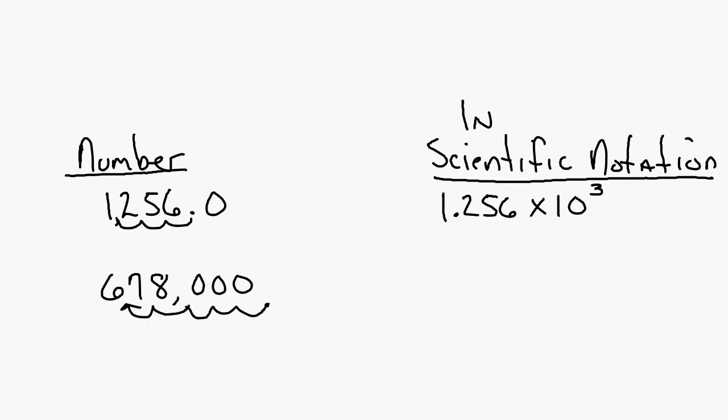So we're going to write this big number as 6.78 times 10, and if we move the decimal 5 places, it's 10 to the 5th power.